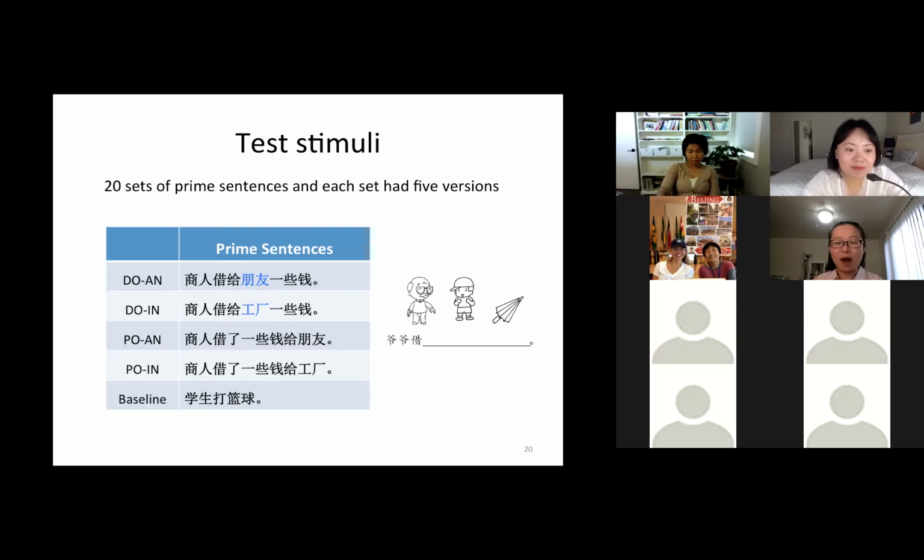So it's like 1/3. The participants won't know this is about dative constructions. So all the fillers have simple SVO.